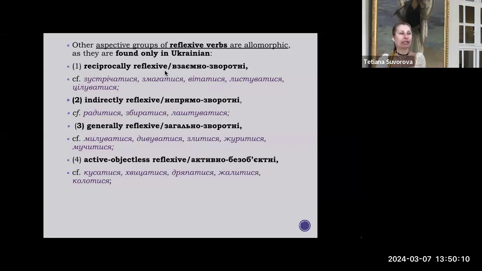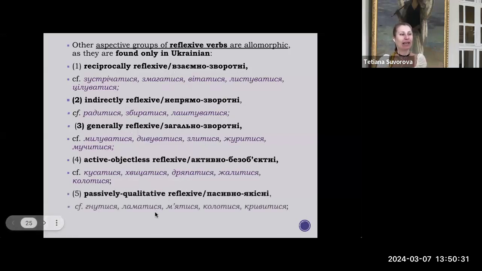So, reciprocally reflexive, indirectly reflexive, general reflexive, and active objectless reflexive in the Ukrainian language. Yeah, our language is difficult, so we should know all these details which are absent in English. Well, and passively qualitative reflexive, for example, гнутися, ламатися, м'ятися.